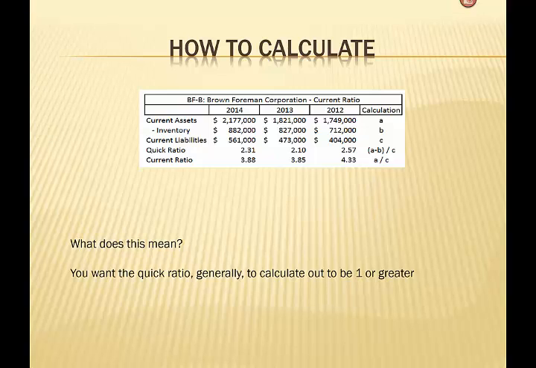Okay, so our quick ratio is calculated as 2.31, where the current ratio that we did in the current ratio video was 3.88. So we're very happy with these numbers because both of these should be calculating out to be 1 or greater. And the higher, the better, because we feel good when we have the ability to pay that short-term debt that's sitting on our books.